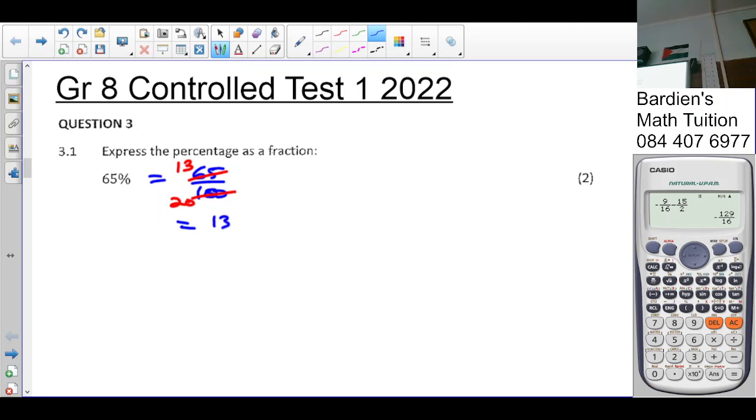So it's 13 out of 20. Okay. Any confusion there? No?